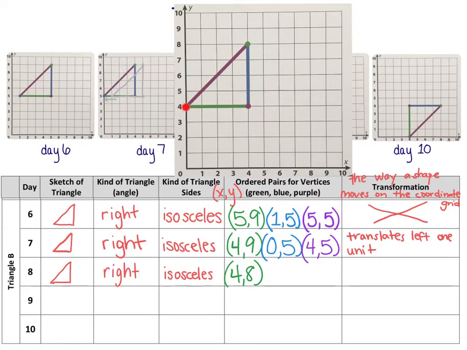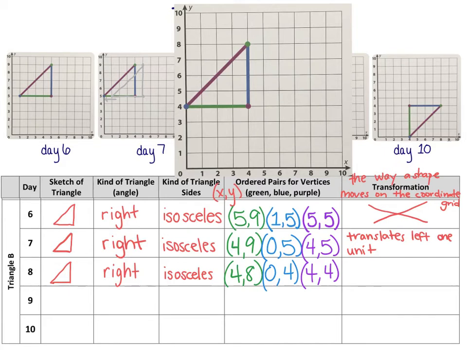The blue point is at x, 0, and y is at 4, already on the y-axis. So we write 0, 4. Now the purple point. On the x-axis, it is at 4. And on the y-axis, it is at 4. So our ordered pair is 4, 4.